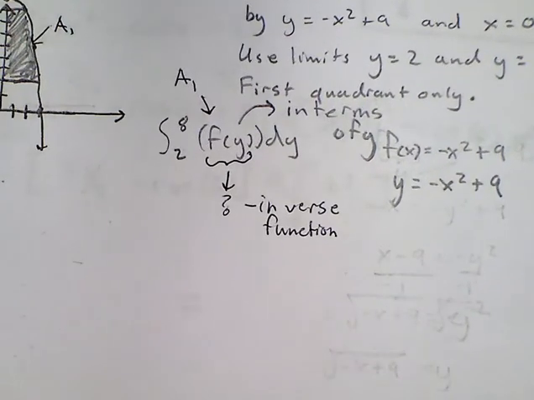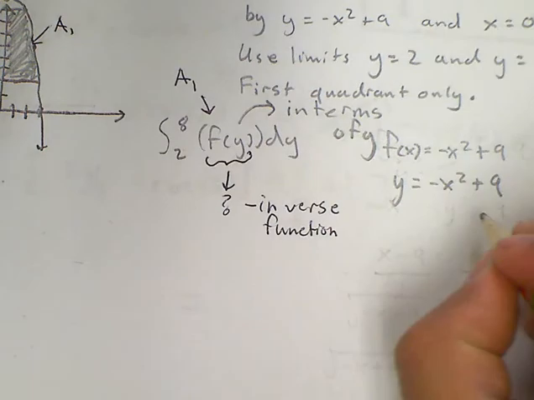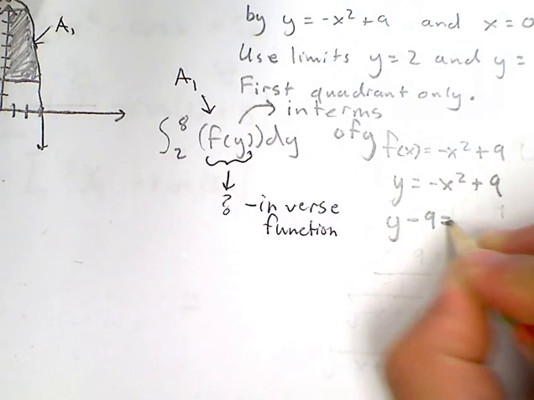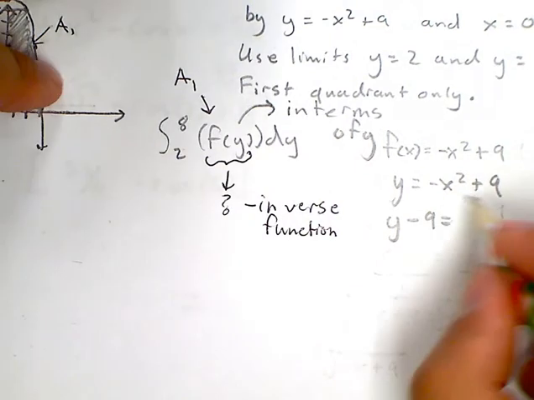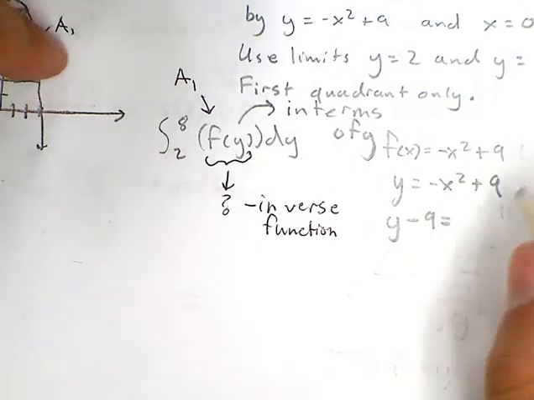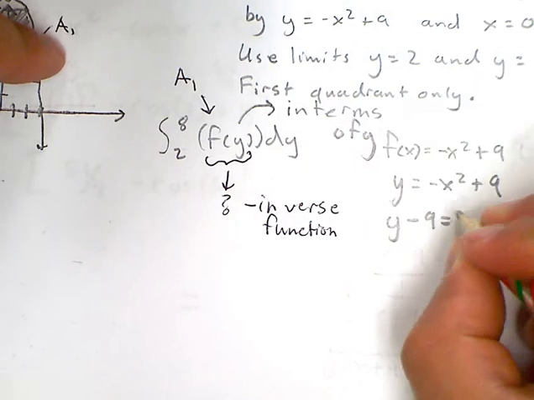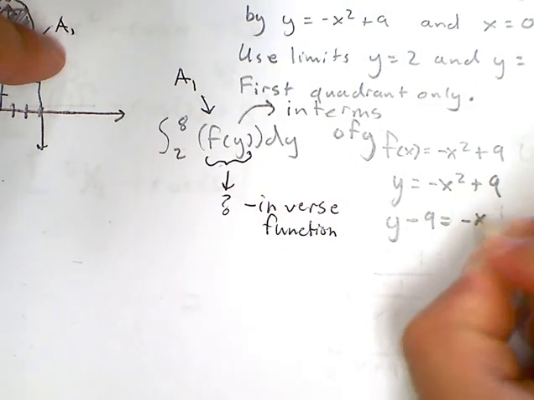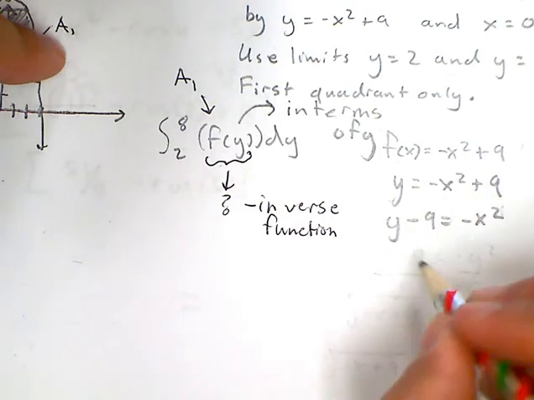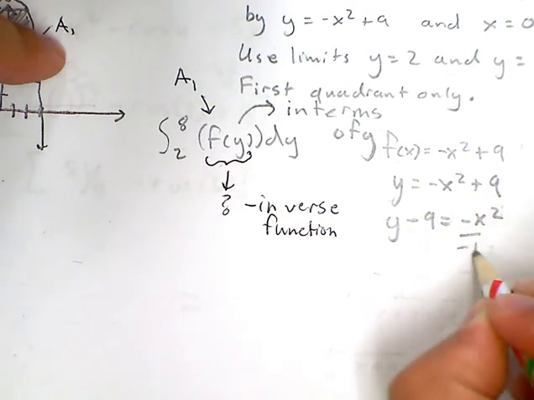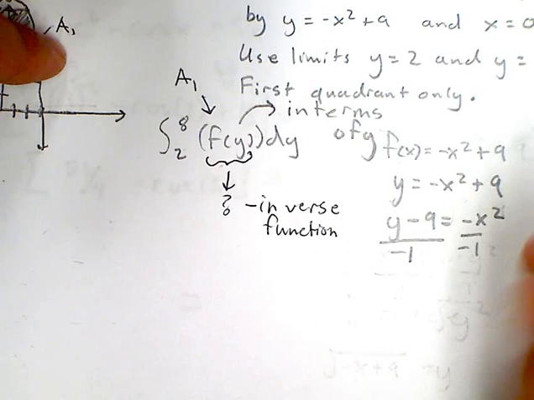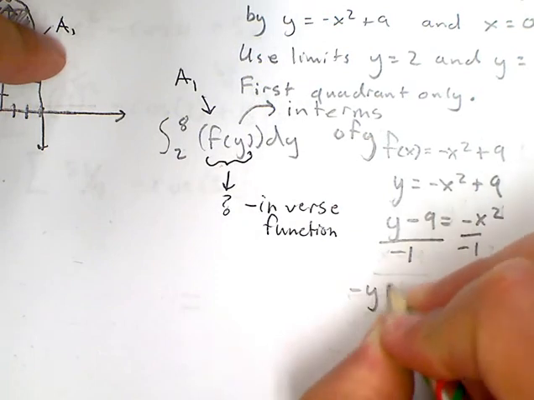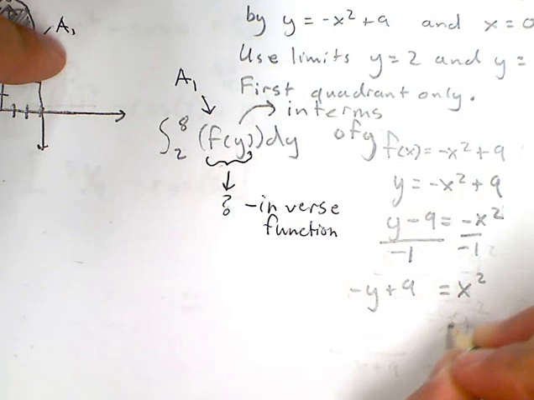So we've got to get x by itself. I'm going to subtract 9 from both sides. Now notice I didn't switch the y and the x. That's not what I want to do, because I know I'm going to write it in terms of y. So it's not like a normal inverse function. Here, divide by negative 1, then take the square root.